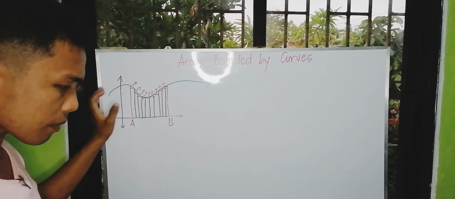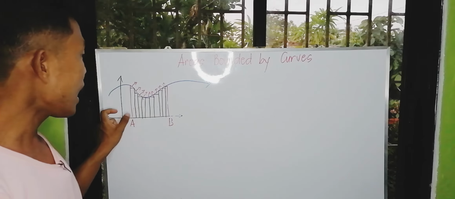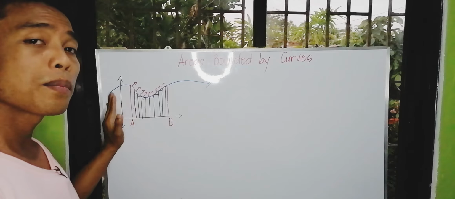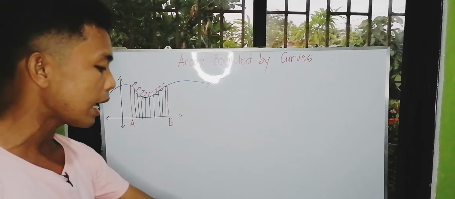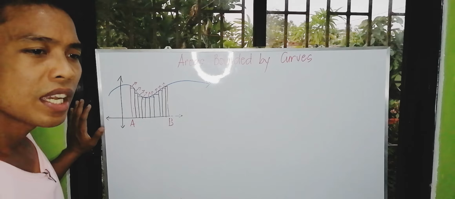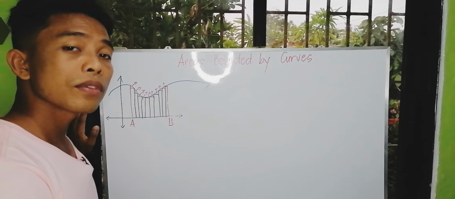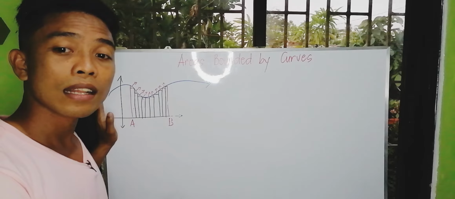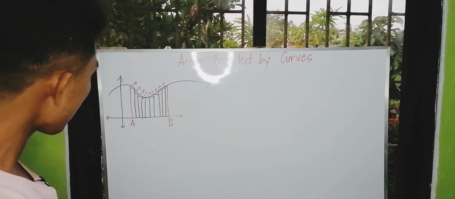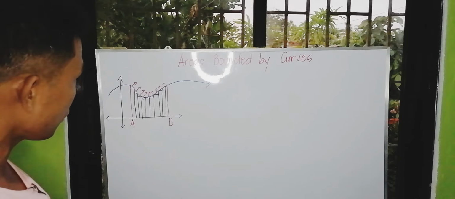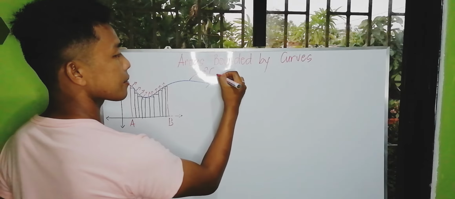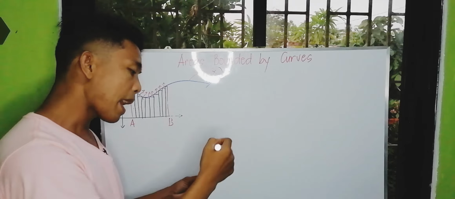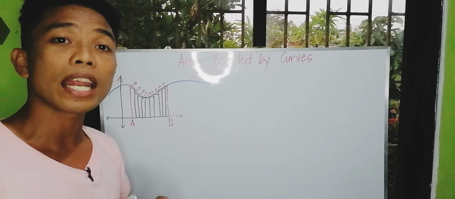Meaning to say, kapag pala kinukuha natin ang area ng isang region na hindi naman enclosed by straight lines, makikita natin na ang involved pala dito ay limit. At dahil ito ay isang function, suppose itong function na blue na nakikita nyo is represented by a function f of x. Meaning to say, si f of x, pwede natin kuhanan ng limit.